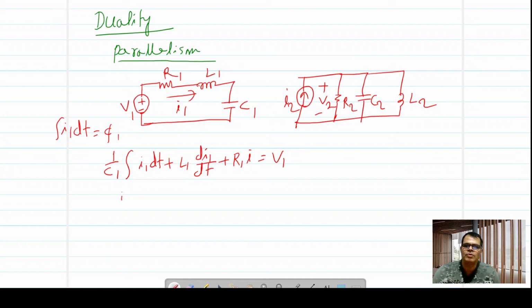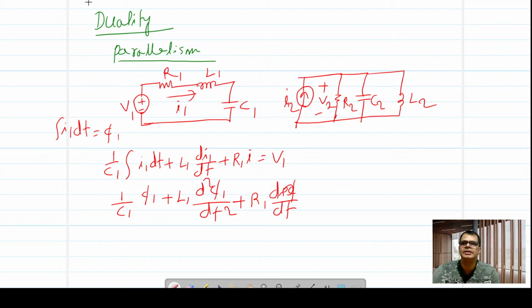So this is q1/C1 plus L1 di1/dt, and since i1 = dq1/dt, di1/dt will be d²q1/dt², and R1 i1 is R1 dq1/dt, which is equal to V1.